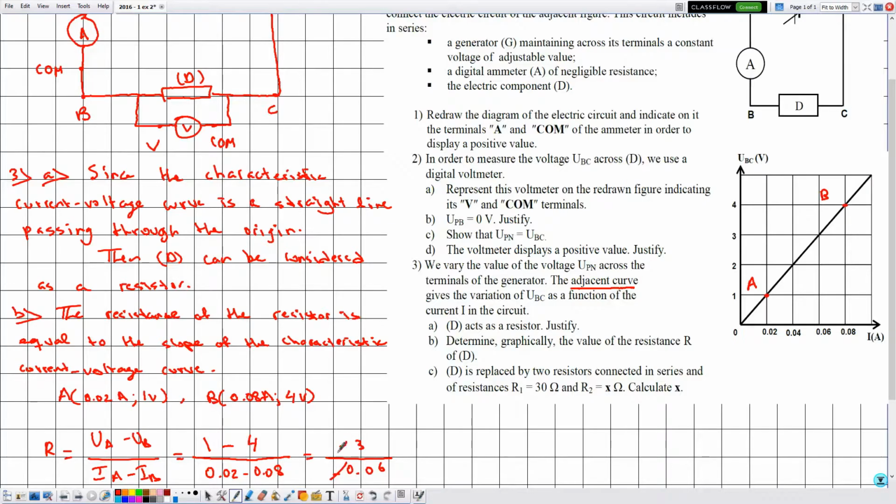The minus goes out with the minus, and this will give us 50. Since everything is in the SI, the value of R will be in the SI, which is ohms. Then the resistor R of this electric component is given by 50 ohms.